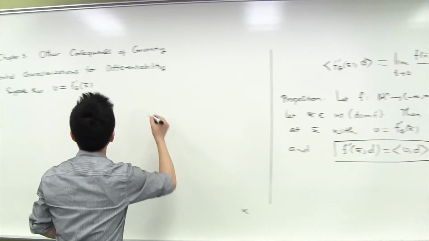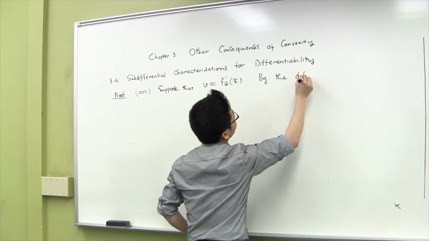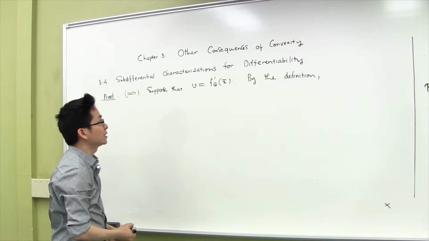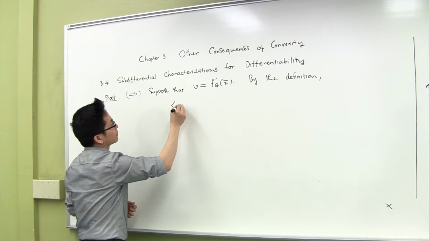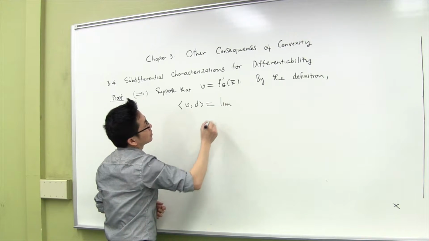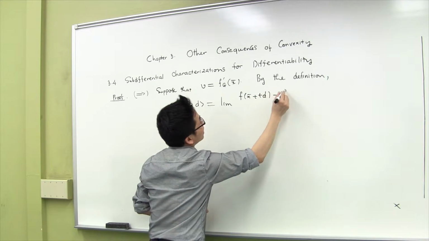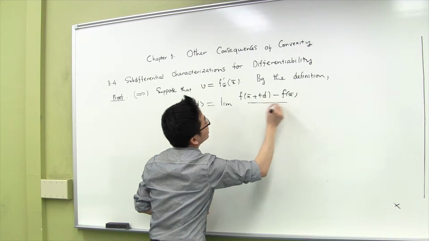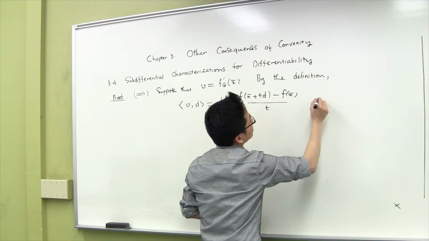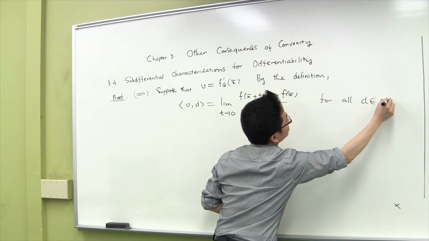By the definition of Gateaux differentiability, the inner product of v and d is equal to the limit of f of x bar plus t times d minus f of x bar over t as t approaches 0, and this is true for all d in Rn.